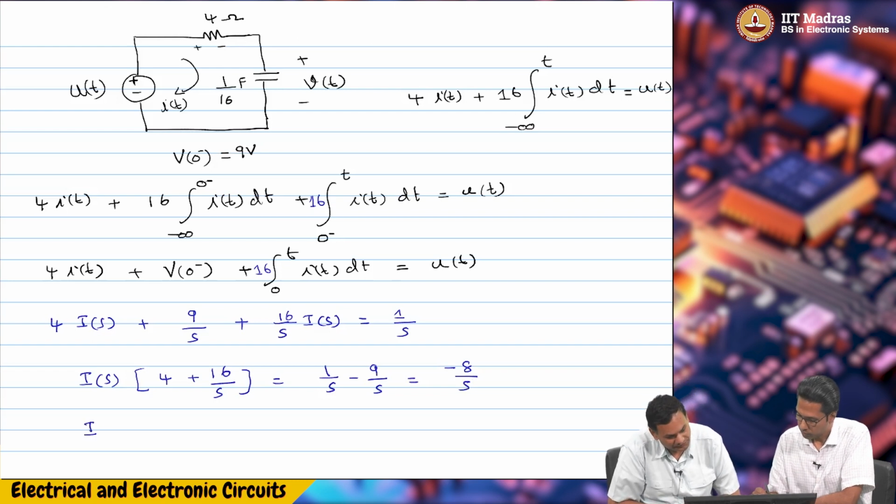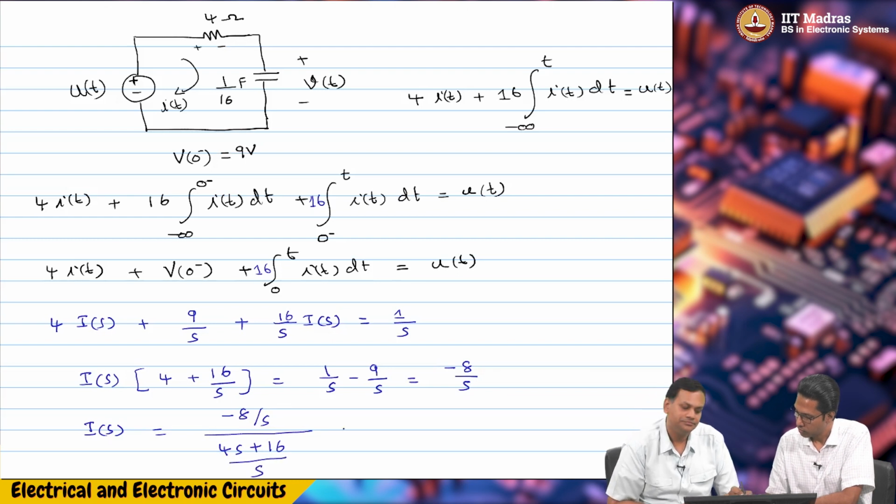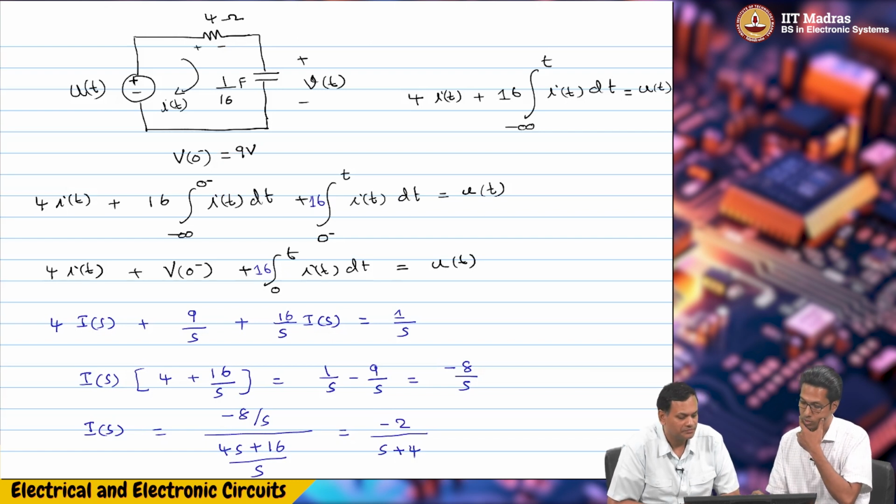Or I of s is equal to minus 8 by s divided by 4 plus 16 by s. The s and s will get cancelled. We can divide by 4 also. So minus 2 by s plus 4. This is I of s.